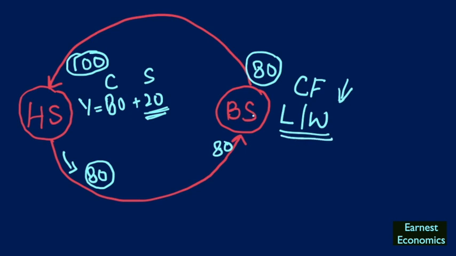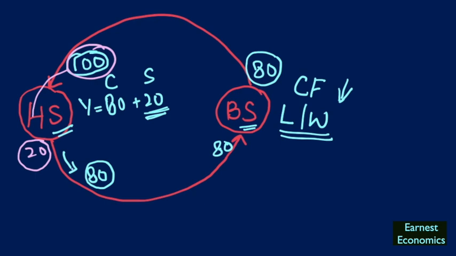This can be done by the household sector and business sector alike, they can also make some saving and reduce the amount that flows in these loops, in these circuits. Now on the contrary, for example, we have 100 rupees here, and the household sector adds a further 20 rupees into it from its inheritance.